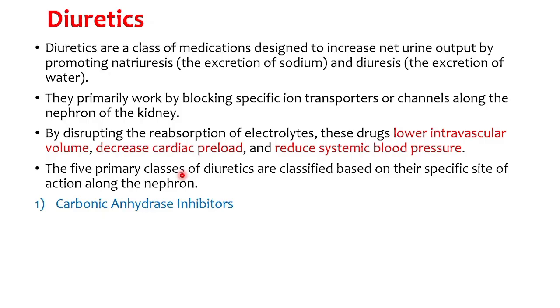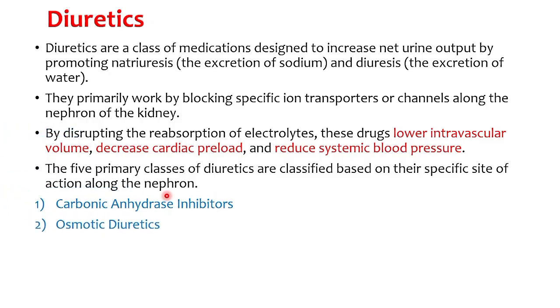I told you that when you bring in a drug that inhibits that enzyme, you will promote bicarbonate excretion in urine, and that will promote metabolic acidosis. That's something you have to remember.